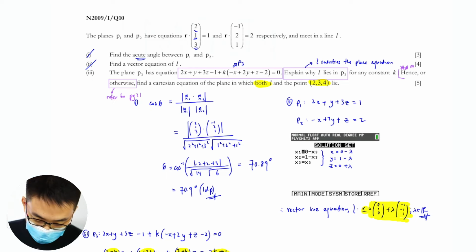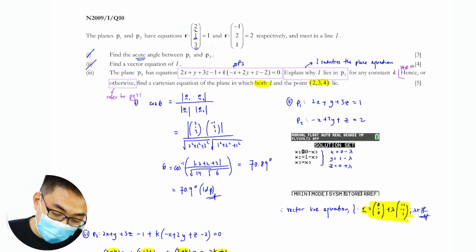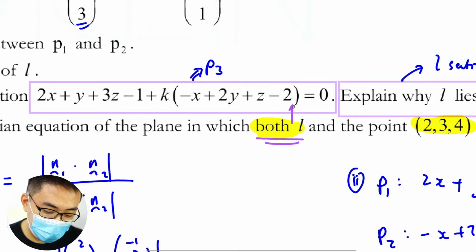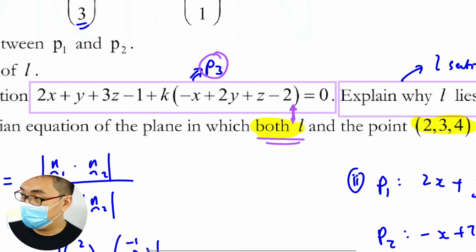The point 2, 3, 4. How do you then find the plane? Now, there are a few things at play here. We know that this line L will definitely satisfy this. This line L is definitely on this plane 3, right?